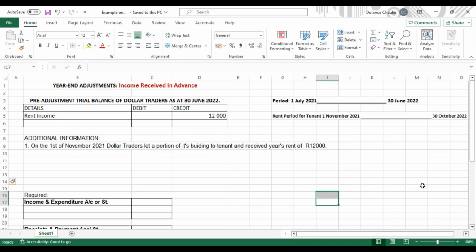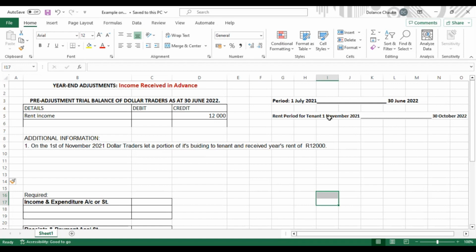We received 12,000 for 12 months, but the tenant's period is not the same as ours. So the months that fall after our accounting period are received in advance for our business.